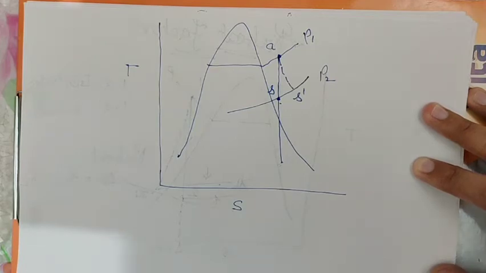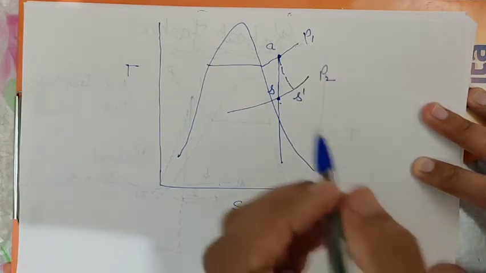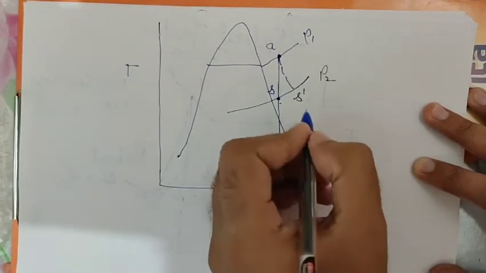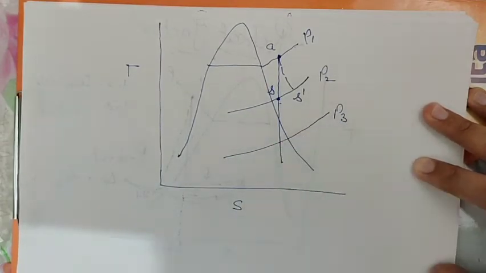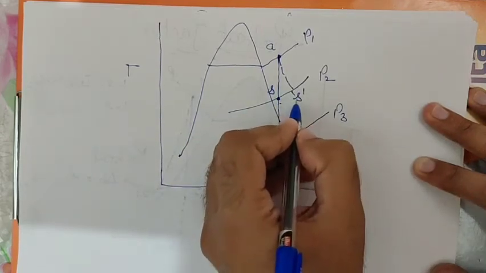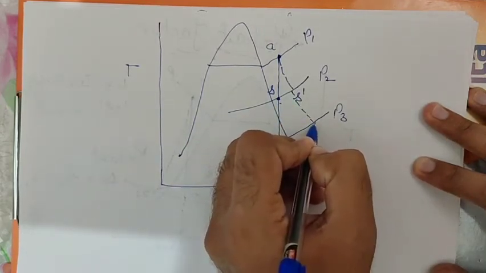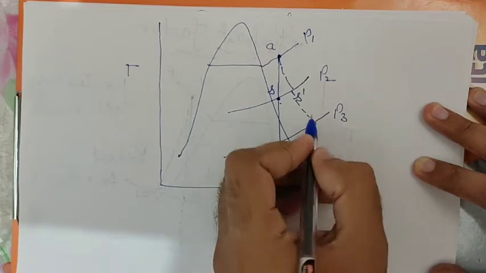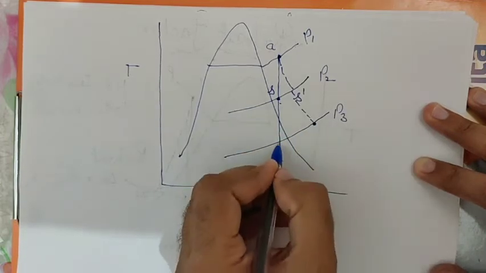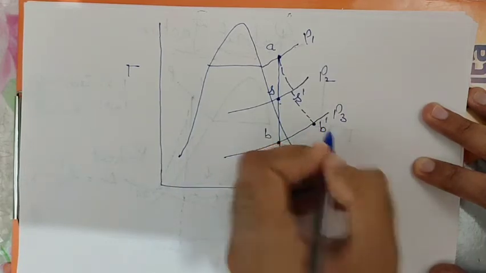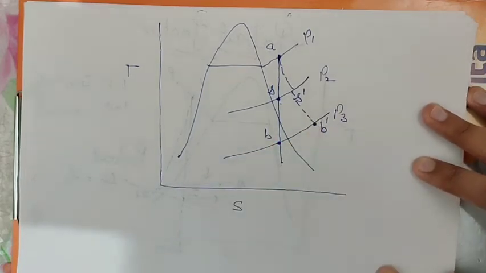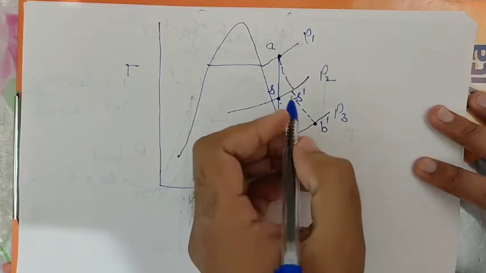Now, if we consider the same pressure ratio, P1 by P2, and now we consider our new pressure, that is P3, this actual line again diverges and takes a new point. Let it be B, so it will be B dash. What will happen? Taking the same pressure ratio, reheat starts increasing.